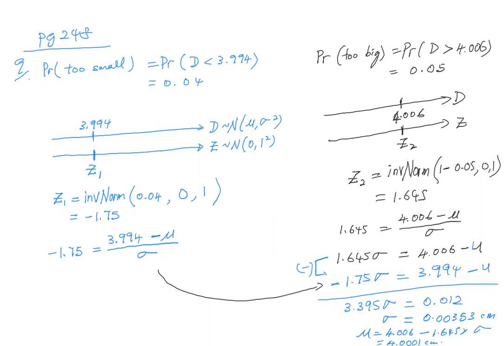So remember, to find the mean or standard deviation of a normal distribution, given the probability, you have to use z-score first. Then you have to make use of this formula. Are you clear?